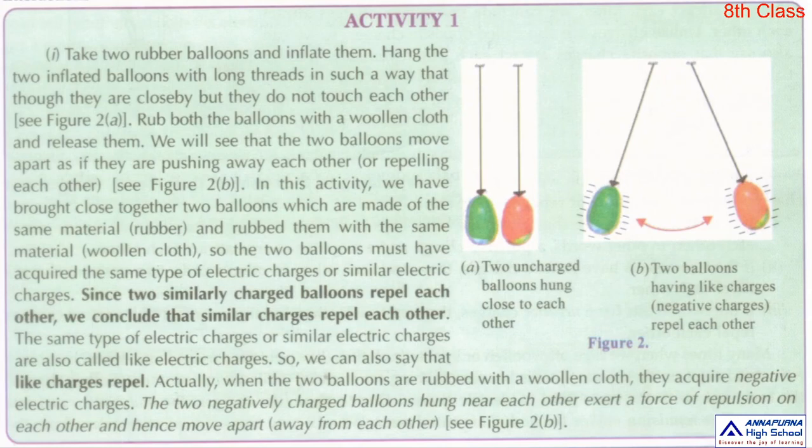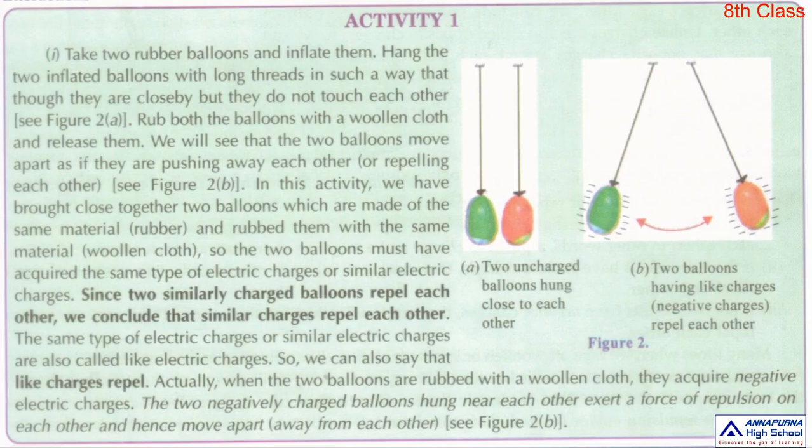When this inflated rubber balloon is rubbed with the woolen cloth, electrons are transferred from the woolen cloth to the inflated balloon. This balloon gains electrons, so it acquires negative charge. The other balloon also acquires negative charge. Why?